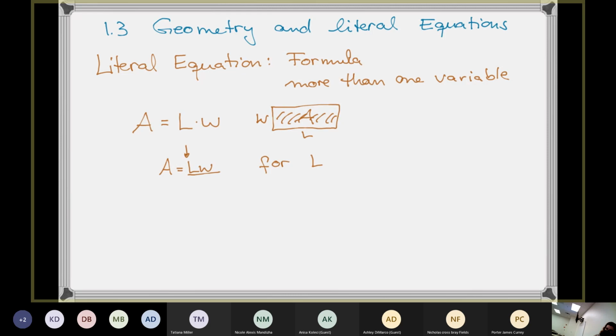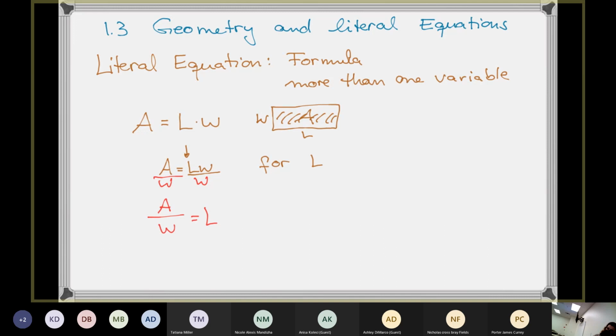So we go ahead and divide both sides by W, and the area divided by the width gives us the length. So we have to see what our original operations are, and then we have to do the opposite.